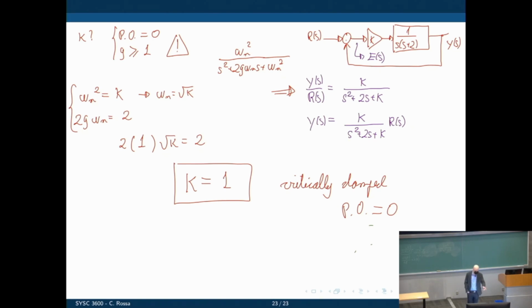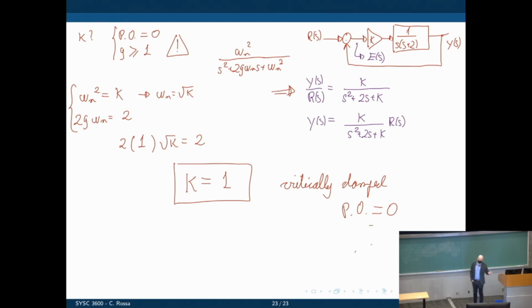If you calculate, you can see that the damping ratio decreases with K. All right, so K equals 1 is the upper bound. Anything between 0 and 1 will make the system overdamped, no overshoot. Anything greater than 1 makes the system underdamped and then overshoot occurs. Why does it start at 0?